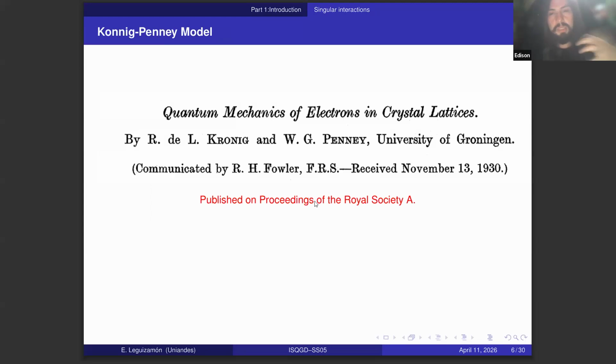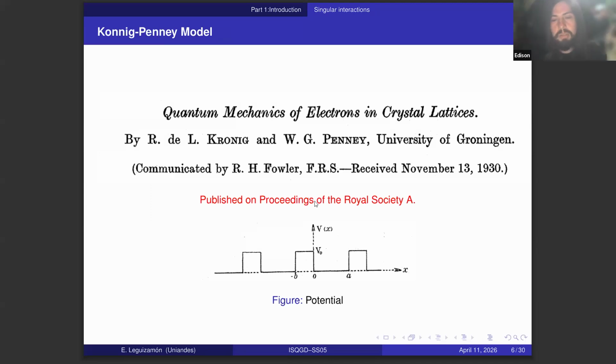So now let's move to the singular interactions. One of the motivations for these interactions are papers like this, the Kronig-Penney model. They work with the Schrödinger equation with this potential B, and they put periodic barriers with length b and height B0.